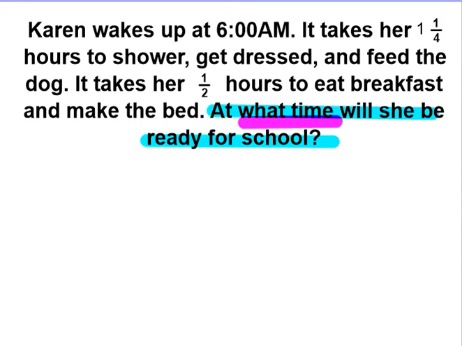All right. So then where is it telling me my operation? So first of all, by asking me what time, that really indicated to me that I need to add these numbers together. And so here I have 1 1/4, and here I have half an hour. And so I'm going to go ahead and work on that. And because I have a mixed number, I'm going to make myself a WF chart.